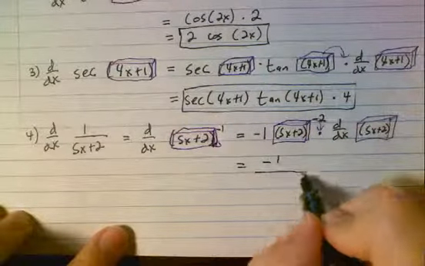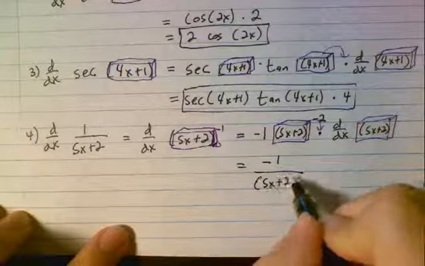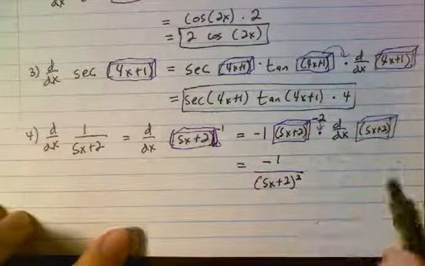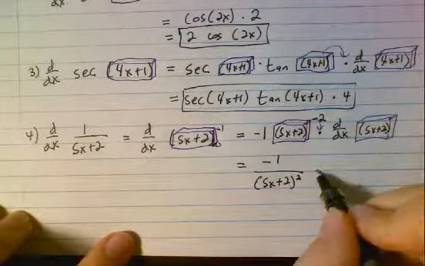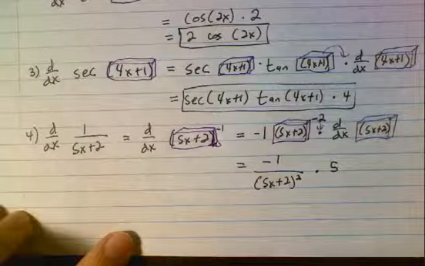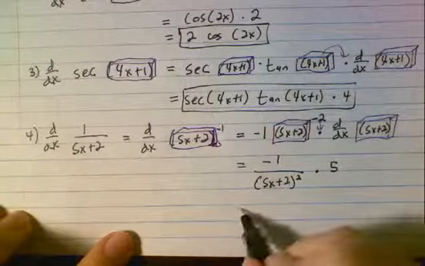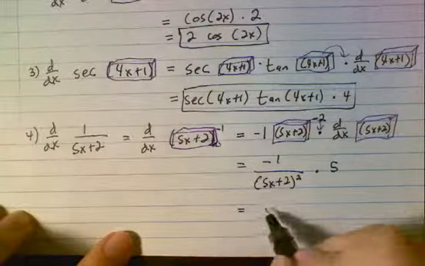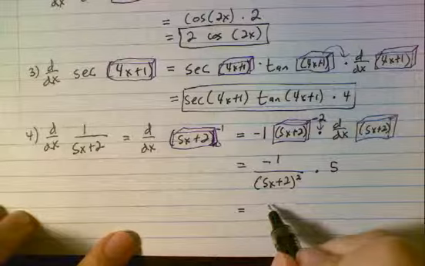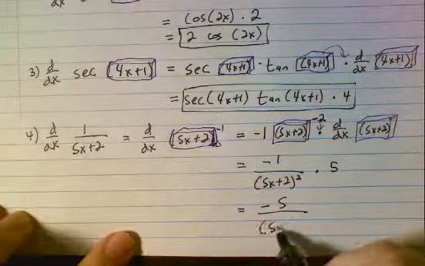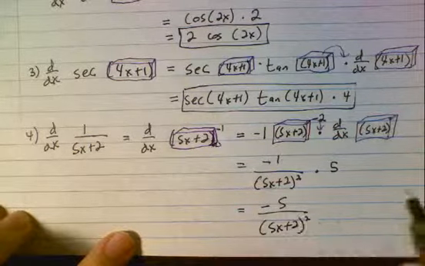We have negative 1. This is 5x plus 2 squared in the denominator because of that negative 2. The derivative of 5x is 5. Derivative of 2 is 0, so there's nothing else there. Negative 1 times 5, remember this 5 is in the numerator. Negative 5 over 5x plus 2 squared.